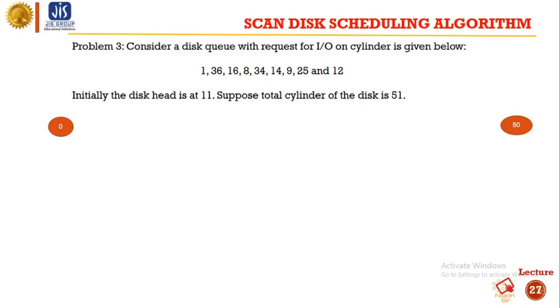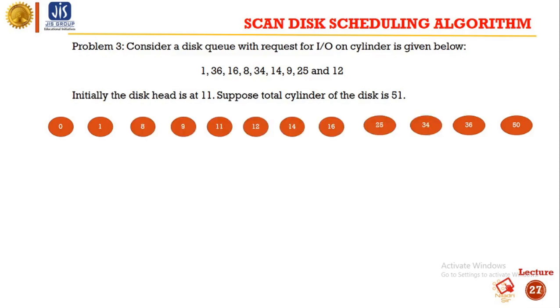Next we will plot all the other elements. Initially our disk is at 11. From 11 we will move to 12. We can move in any direction; we can move from 11 to 9 also, but here we have chosen to move from 11 to 12.